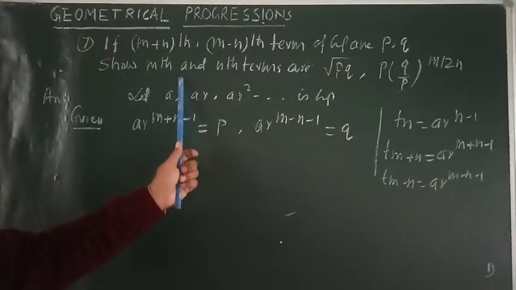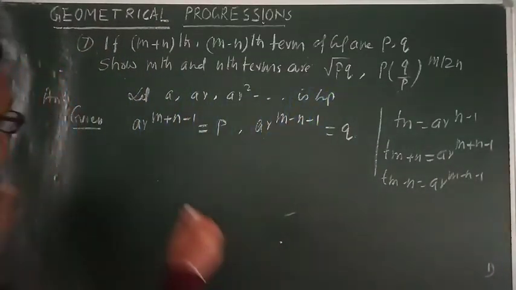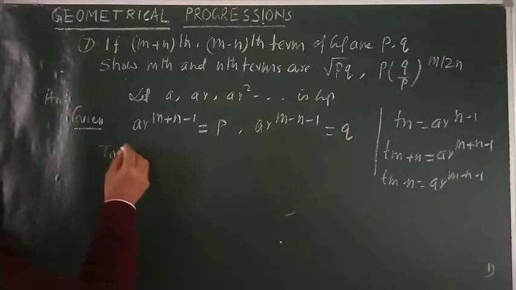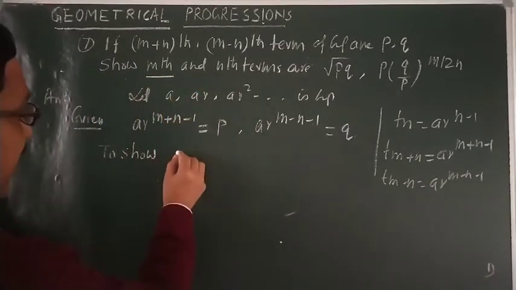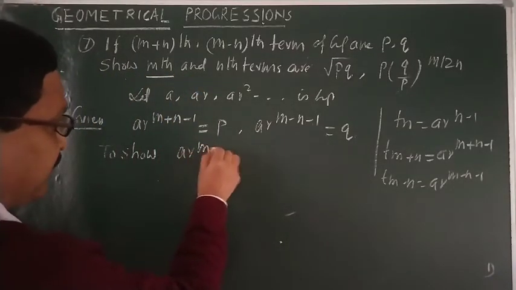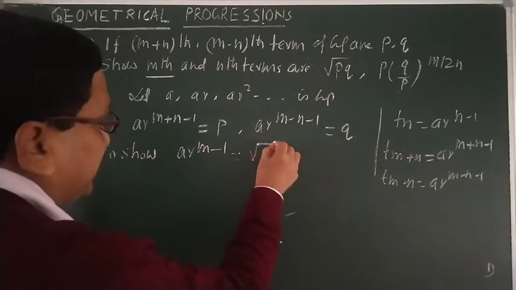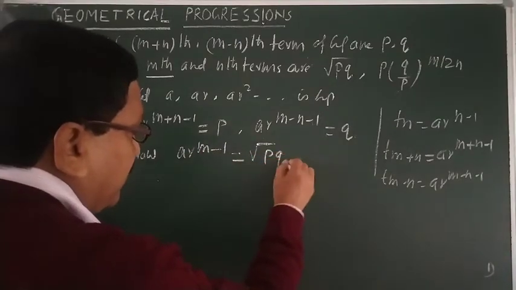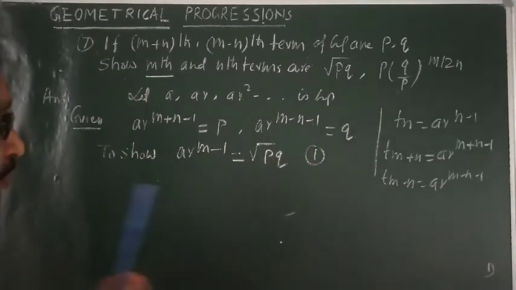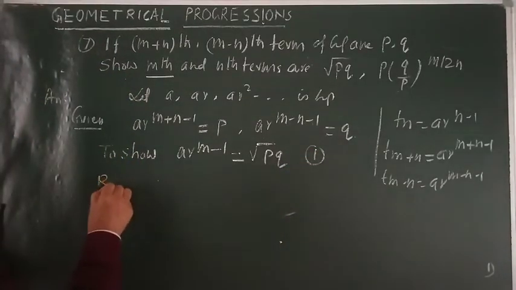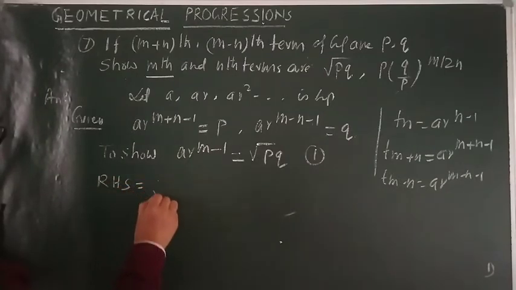Now we have to show that the mth term is root PQ. To show, the mth term AR^(m-1) is equal to root PQ. First, it has to be shown. So starting from RHS is better. Starting from RHS, this is root PQ.